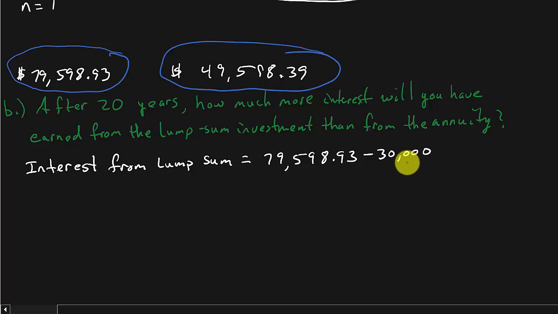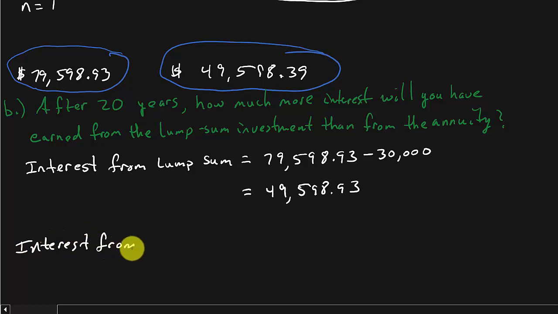This was just a lump sum payment, and the other one was payments every year. And then we need the interest from the annuity. Well, that's how much we got from the annuity.